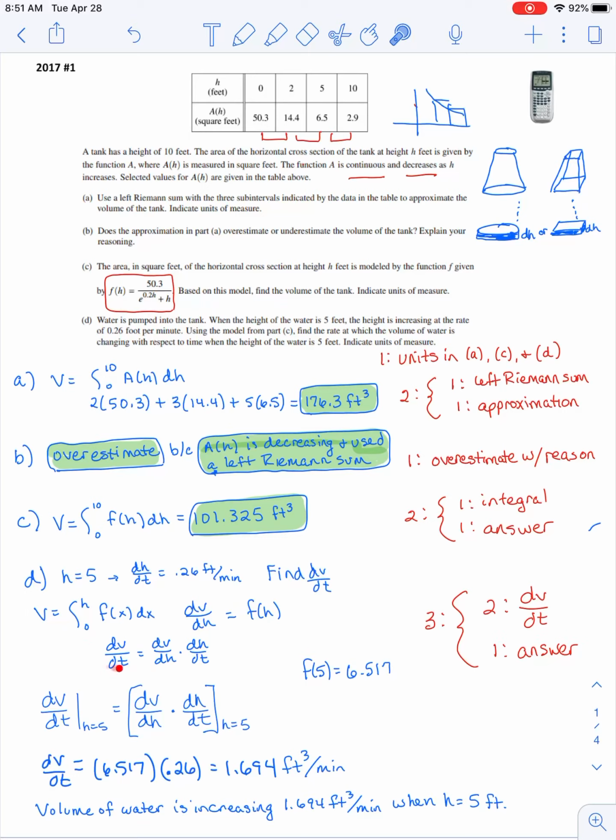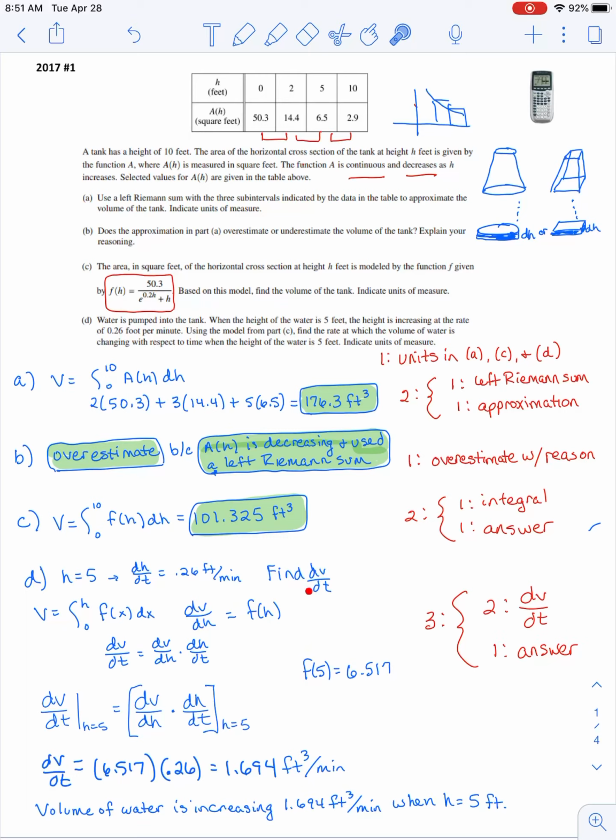Now, this is the huge part right here, this Leibniz notation. We're trying to find dV/dt. We were given dH/dt, so you've got to come up with an equation that uses dH/dt when we're trying to find dV/dt. And so that means dV/dt will equal dV/dH times dH/dt, where the dH's cancel.